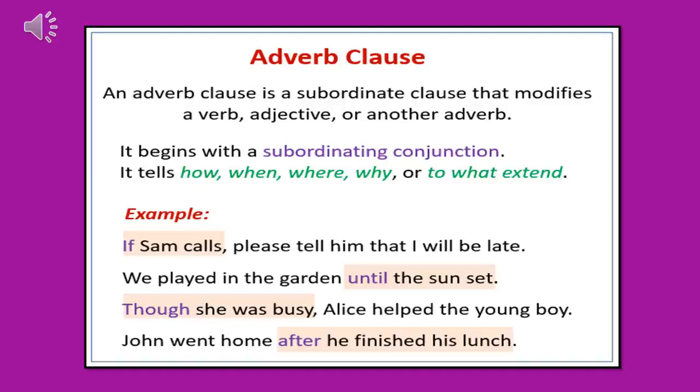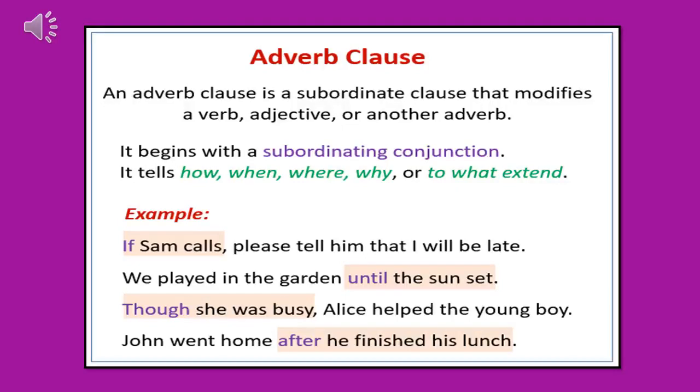A clause that acts like an adverb and describes the action taking place is known as an adverb clause. I'm sure you know what an adverb is. So a clause that acts like an adverb and describes an action is known as an adverb clause.